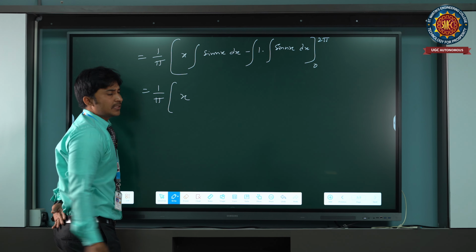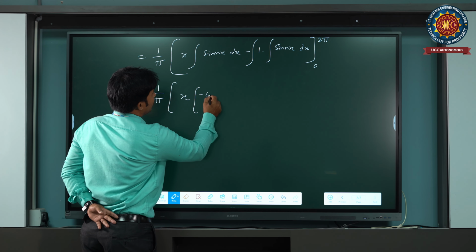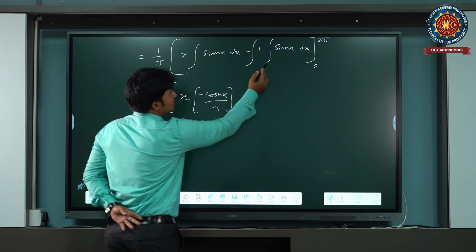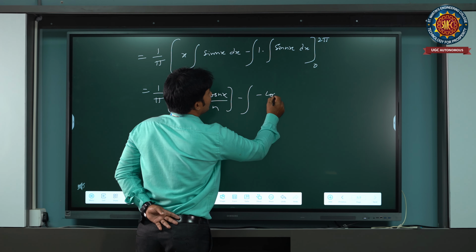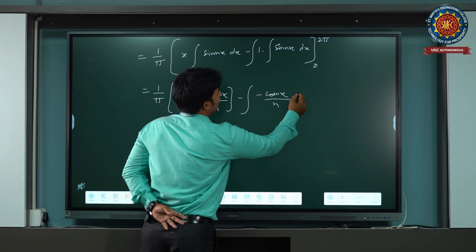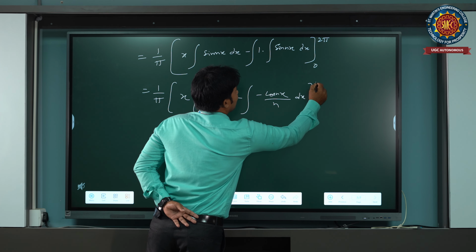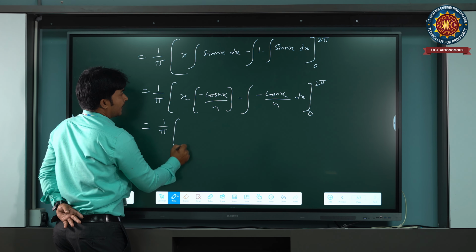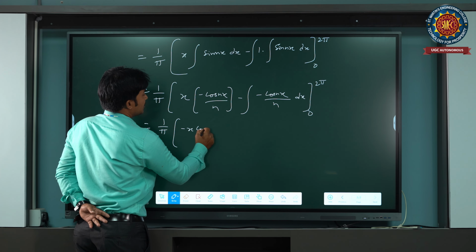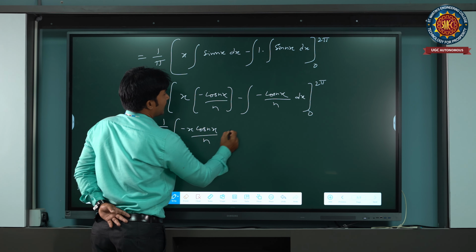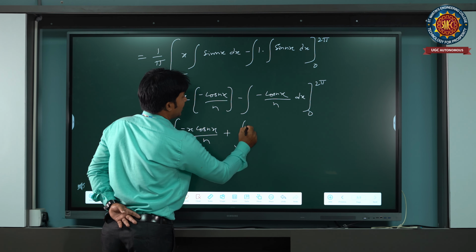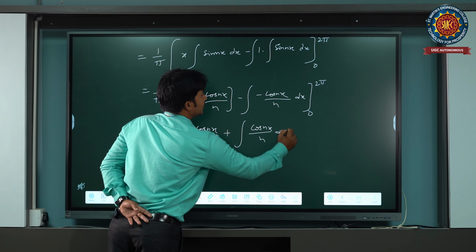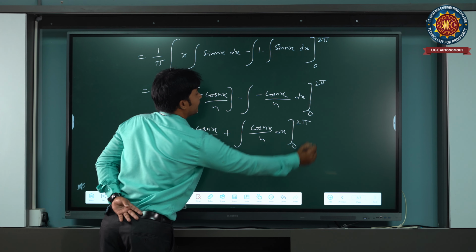Integral sin nx means minus cos nx by n. Here also, integral sin nx means minus cos nx by n dx, limits 0 to 2 pi. 1 by pi [x times minus cos nx by n minus into minus] plus integral cos nx by n dx from 0 to 2 pi.